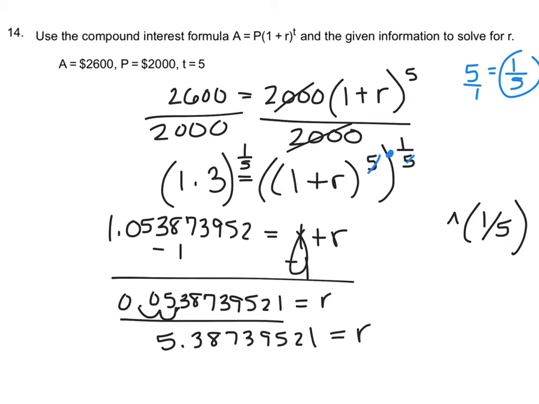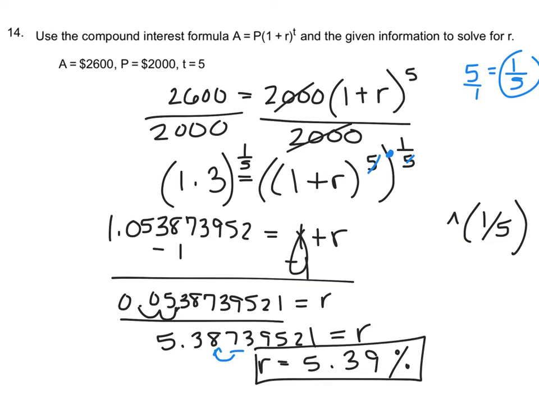So when we round to 2 decimal places, we'll look at the 3rd decimal place, which is a 7. And since 7 is greater than 5, that tells me to round that 8 up to a 9. So R is 5.39%. And this is our final answer.